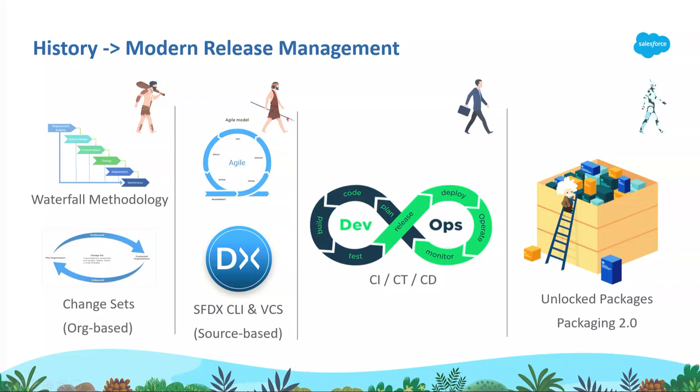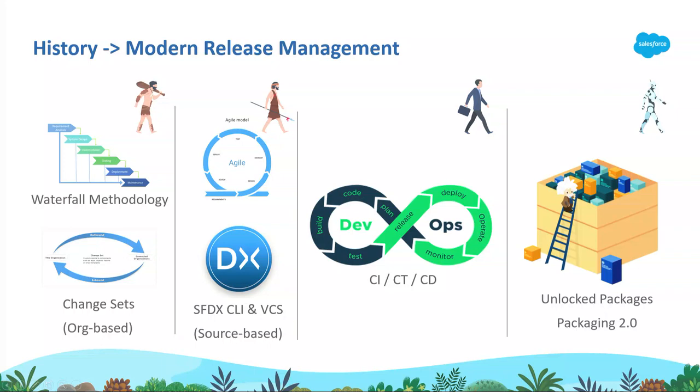Okay, so just a quick walkthrough of what we covered during the session today. Back in the caveman days, we started off with the Waterfall methodology using inbound and outbound change sets. Then we graduated into the Agile methodology, using SFDX CLI with the advent of scratch orgs.